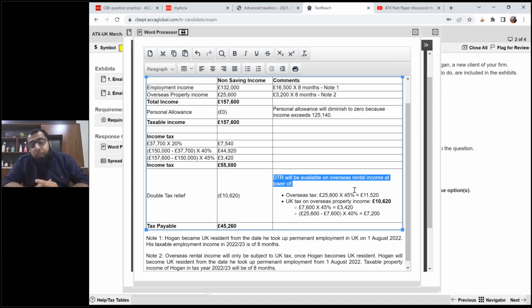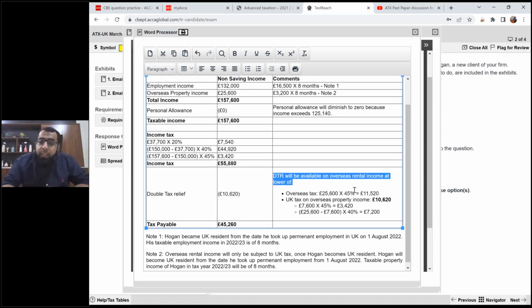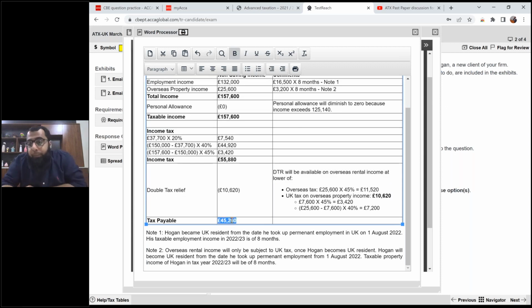Because overseas rental income is also taxed in overseas at 45%. Since there is double tax, you will get a double taxation relief. So this gives you the tax payable.